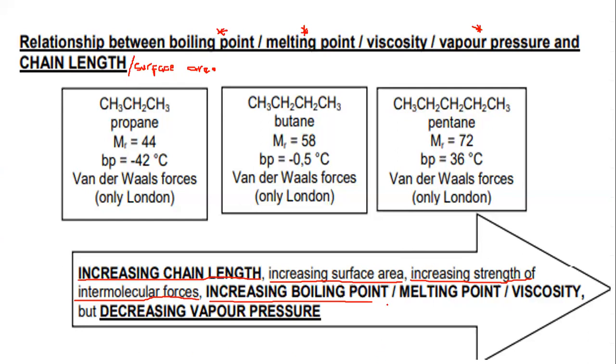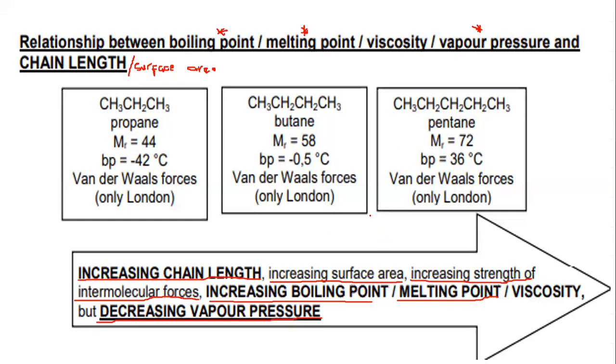And again, there is also an increase in the melting point, because we said when the intermolecular forces become stronger, the melting point is also increasing. But then what does that tell us about the vapor pressure? The vapor pressure is decreasing. So you need to know that altogether.